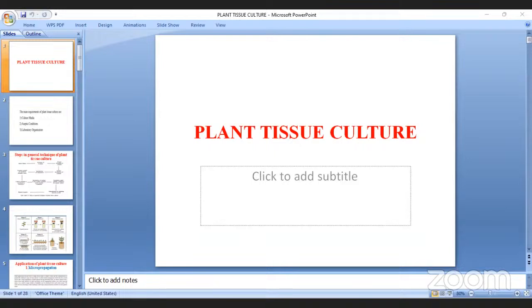This kind of cell suspension is performed using flasks of 200 ml volume, conical flasks, in which liquid medium is taken, and cells are separated while in orbital shakers.